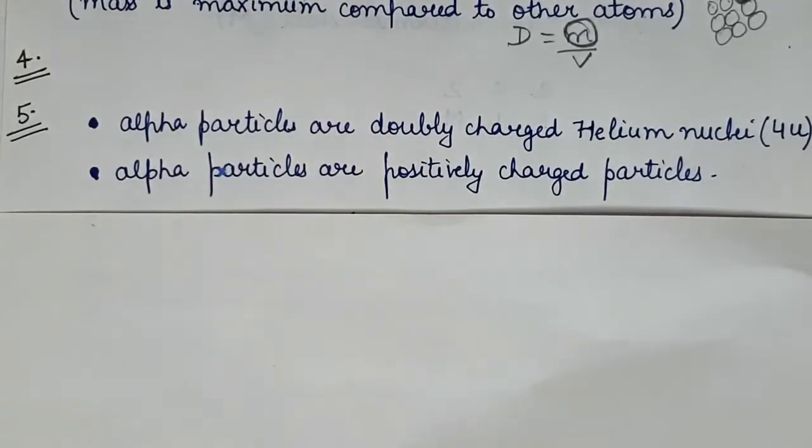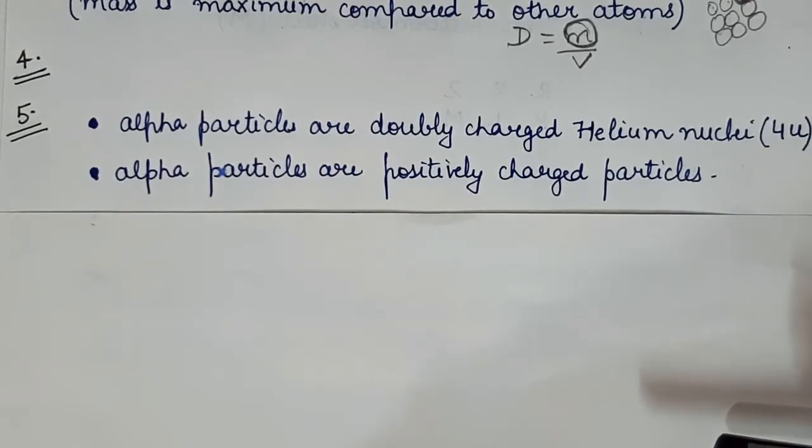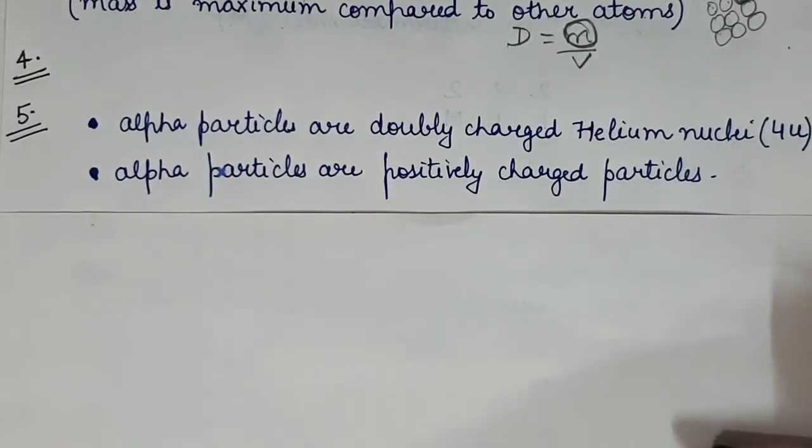Coming to question number 5. In Rutherford's model of an atom, fast-moving alpha particles, they were made to fall on a thin gold foil. State two properties of alpha particles. So you have to give the two properties of alpha particles.